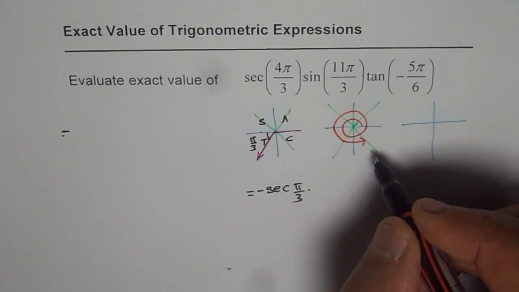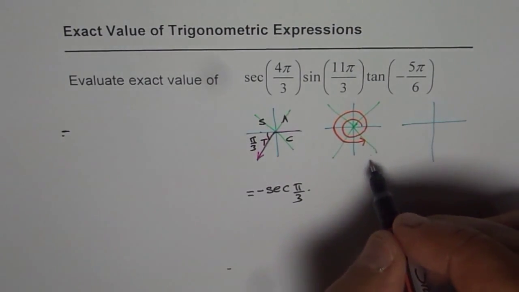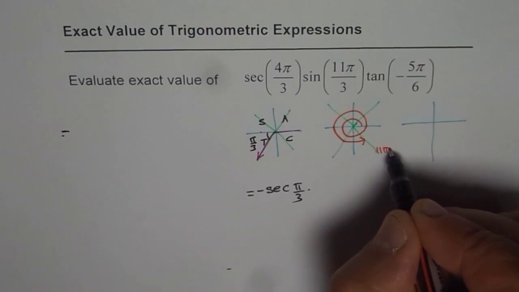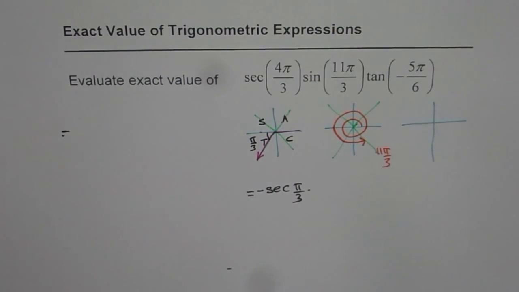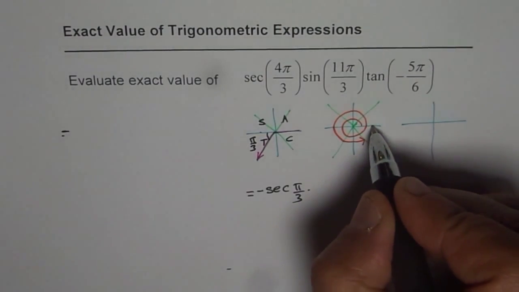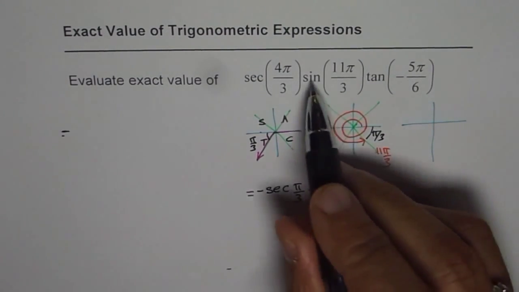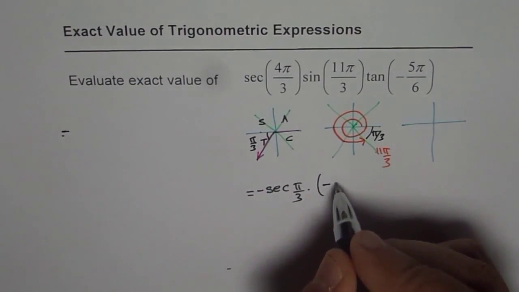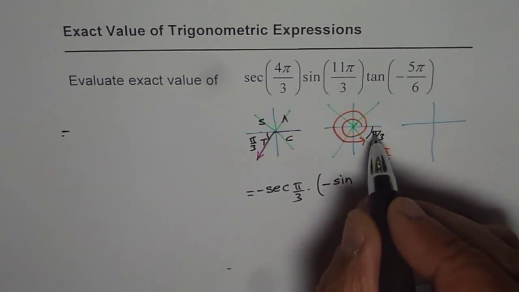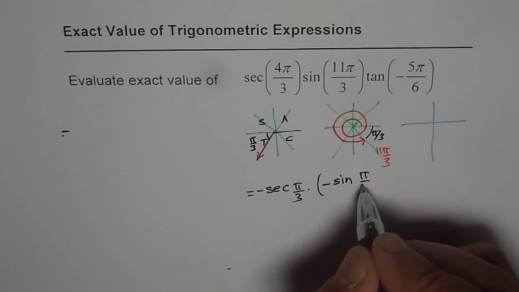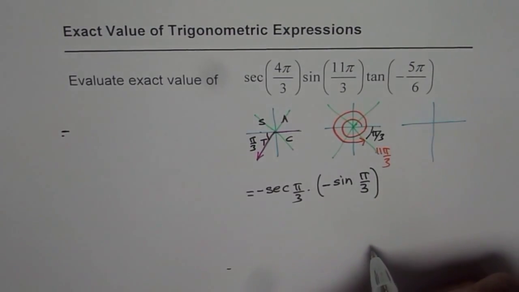That is 11 pi by 3. 12 will complete the circle. Now here the related acute angle is pi by 3. Since you are in quadrant 4, sine is negative, so we get negative sine of the acute angle pi by 3. So that is the second term.